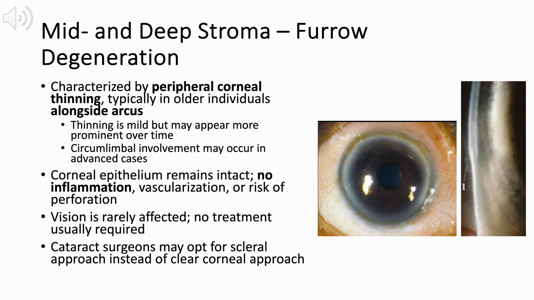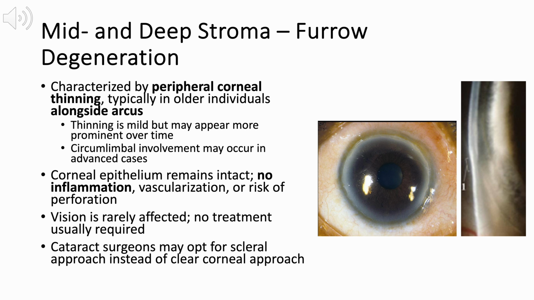Next, let's discuss furrow degeneration, a type of degeneration involving the mid and deep stroma. This condition is characterized by peripheral corneal thinning, most often seen in older individuals, and frequently occurs alongside an arcus. The thinning is generally mild, but it can appear more pronounced over time, and in advanced cases, circumlimbal involvement may be present.